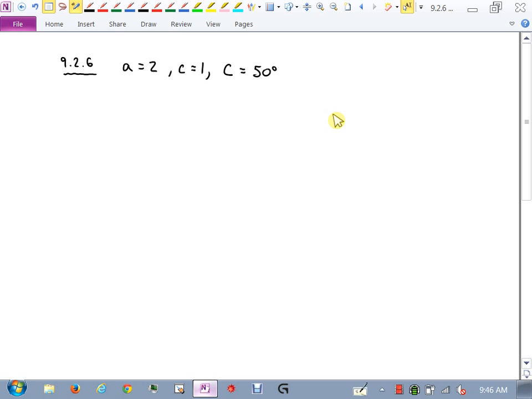So if I asked you to solve this, what would you go after first? Big A, right? So I'll write down sine capital A over little a is equal to sine capital C, which is 50 degrees, over little c, which is 1. Oh, sorry, little a was 2. Should have put 2 there.